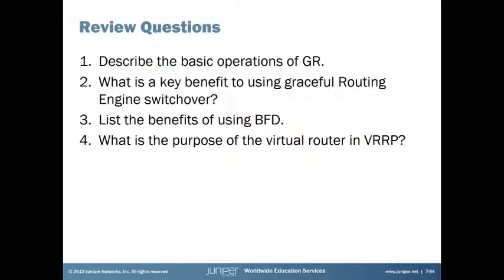Purpose of the virtual router. What's the purpose of the virtual router in the Virtual Router Redundancy Protocol? It has an IP address which is used as the default gateway on our network. So that becomes the default gateway address.